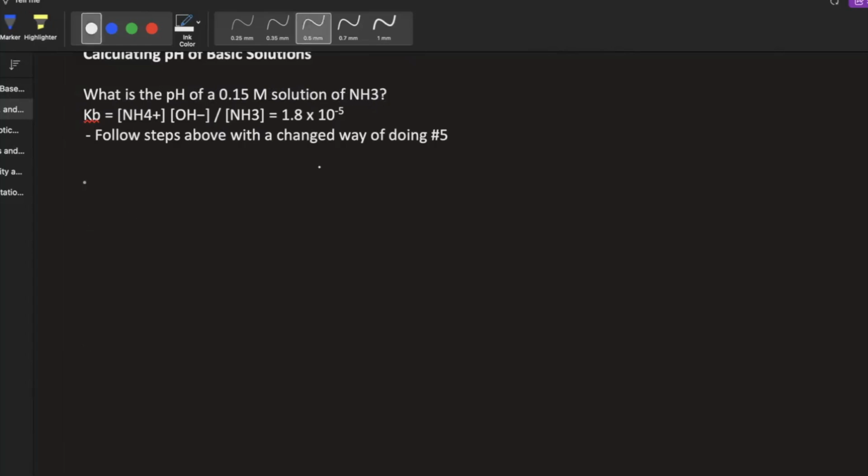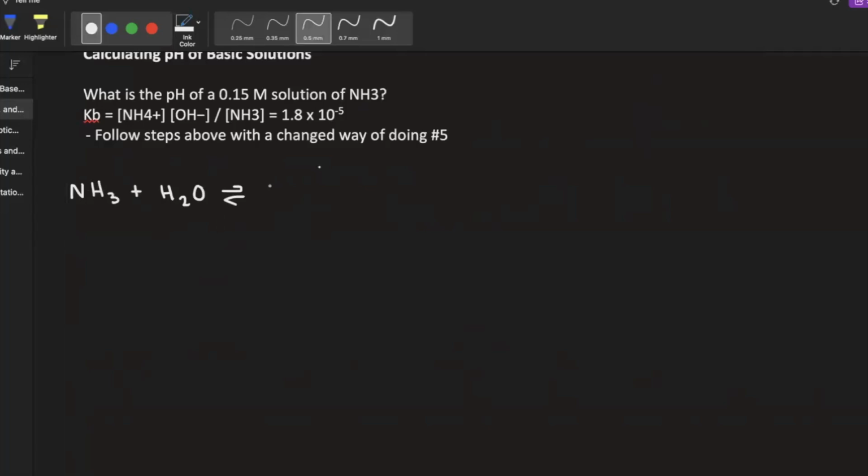So first thing we're going to do is write the equation for NH3. NH3 plus H2O gives us, we know that this acts as a base, so it's going to work as a proton acceptor.